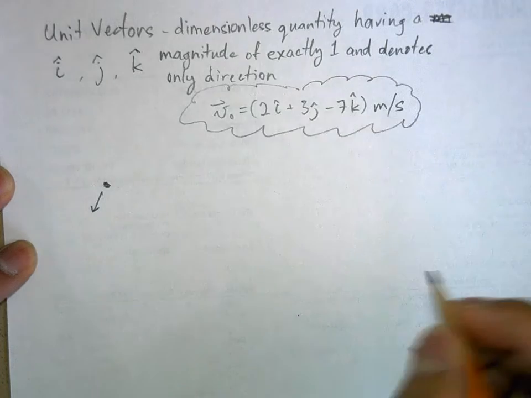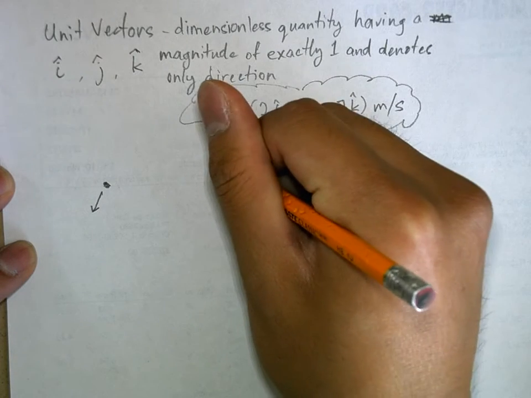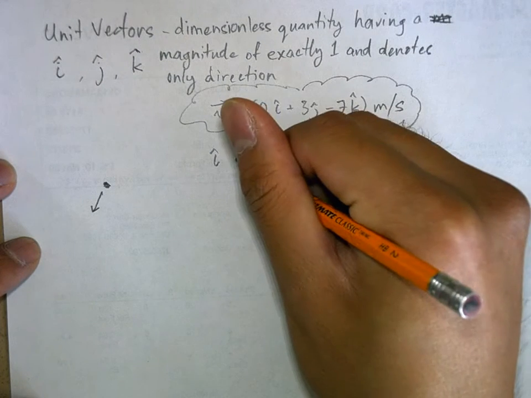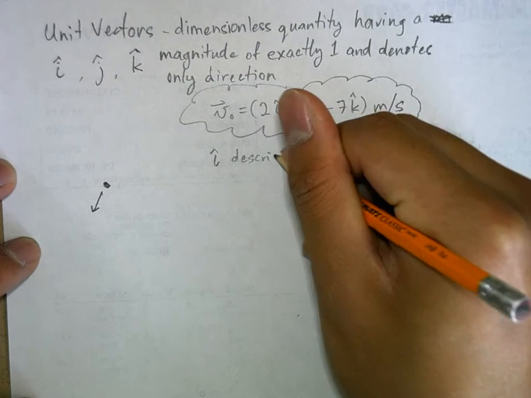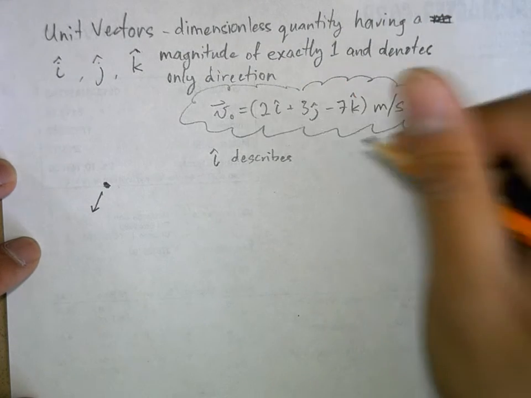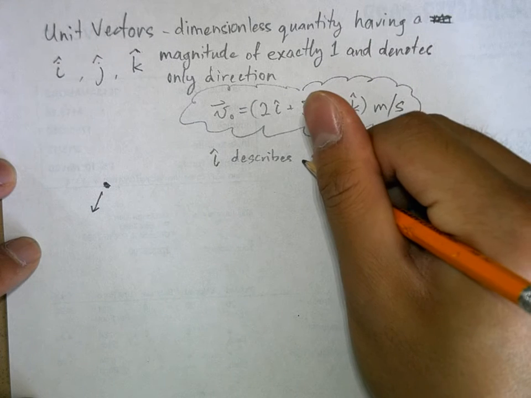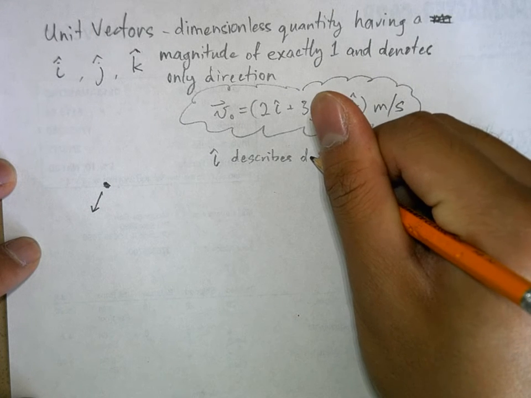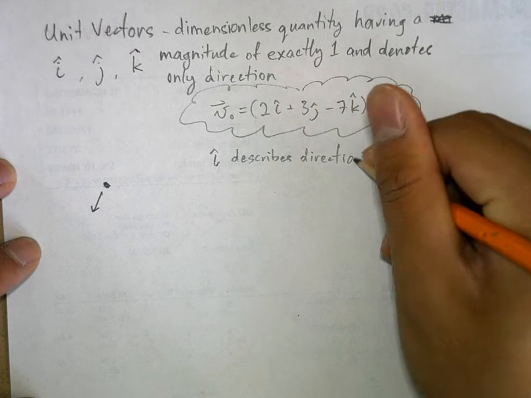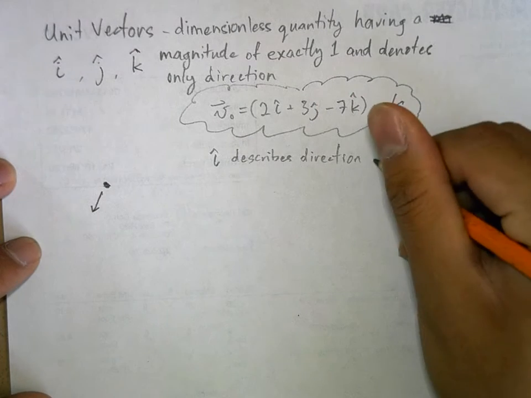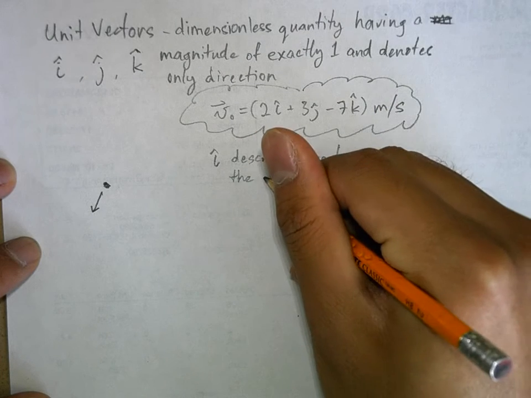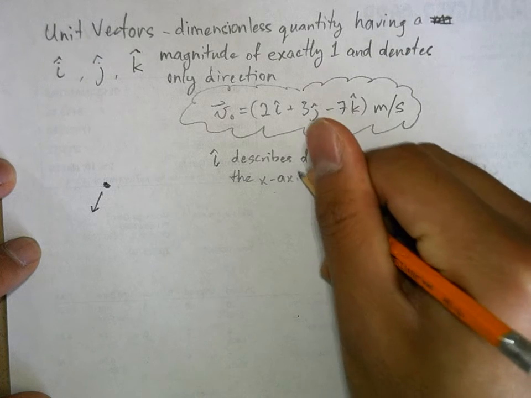So what you have to realize is, whenever you see I hat, it just describes direction, along the x-axis, and let me also say that it's the positive direction.